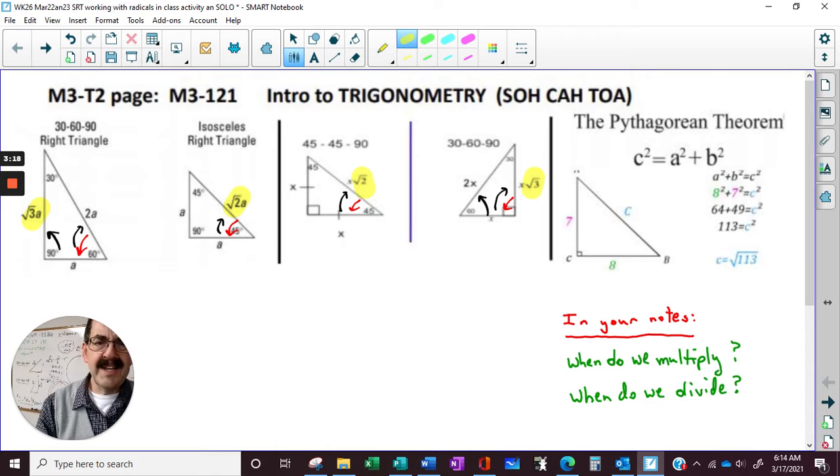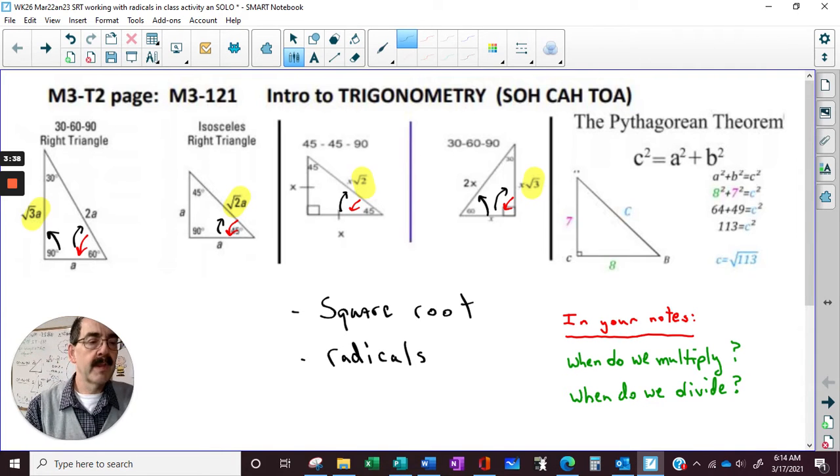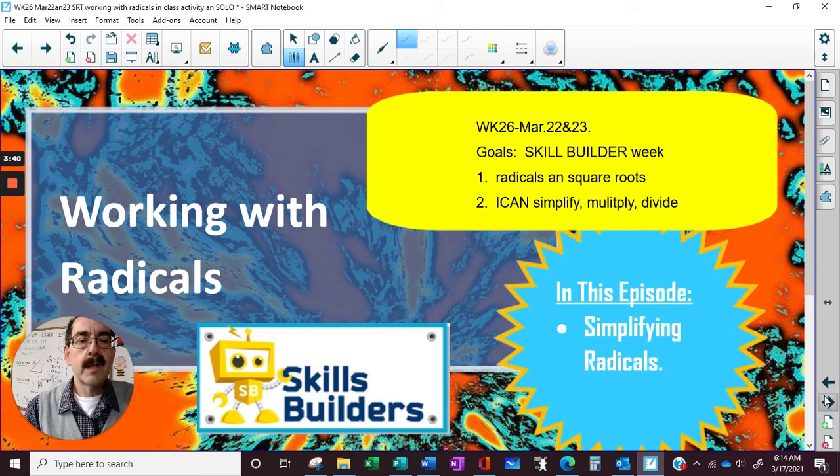What are these things called? Square roots. Radicals. How do we work with them, and why do we work with them? All right, radicals and square roots, I can simplify, I can multiply, I can divide.